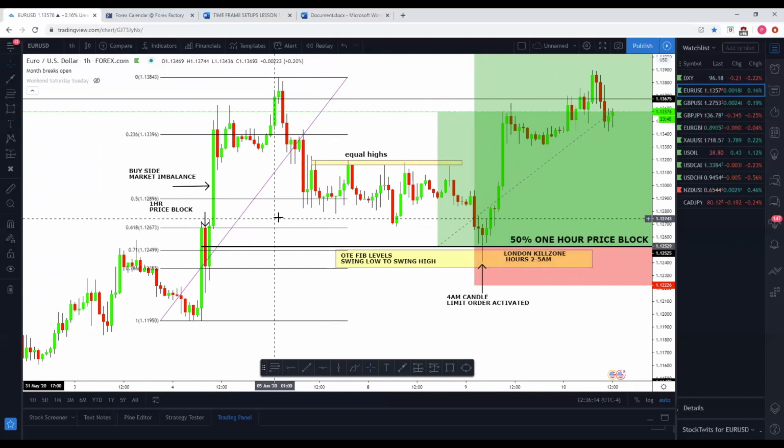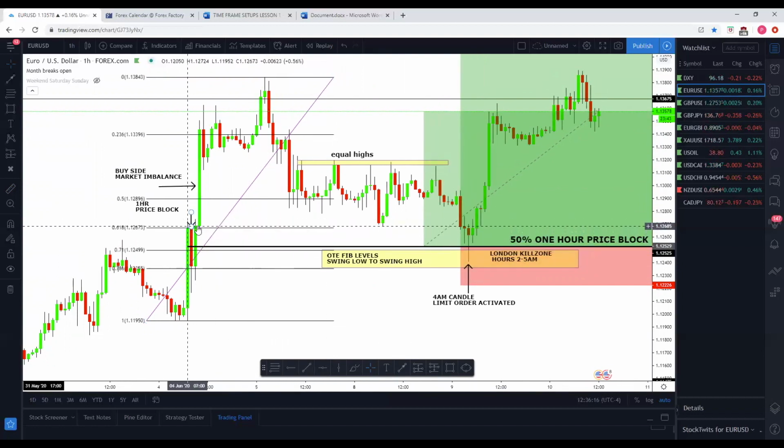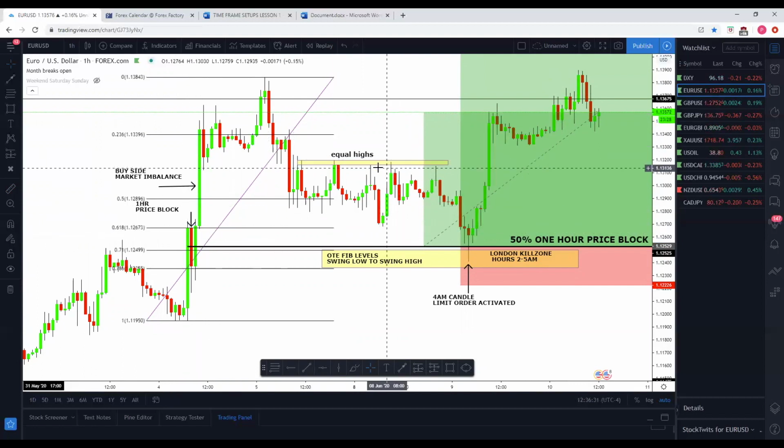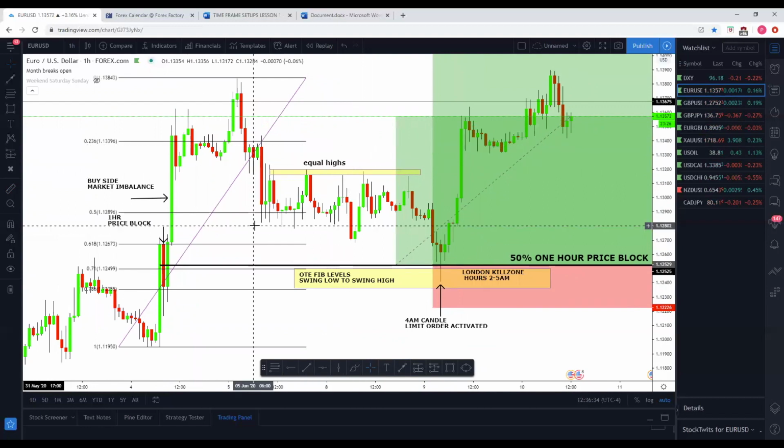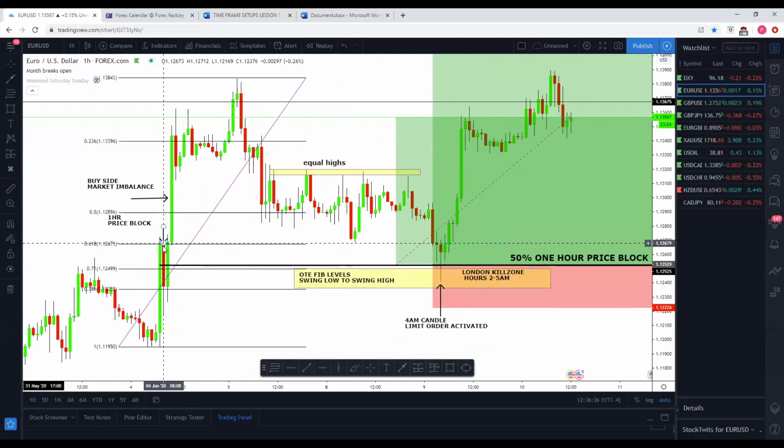And the only reason it was 25 pips, I'd say, is because I tried to make sure I got put in on both entries. You'll see a lot of the times that they don't always have to trade into the price block. They can wick directly off this, or they can hit right off the top of the price block and reject it. So that's why I got myself in at the higher end here as well.